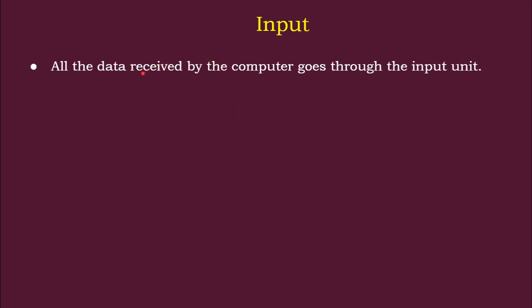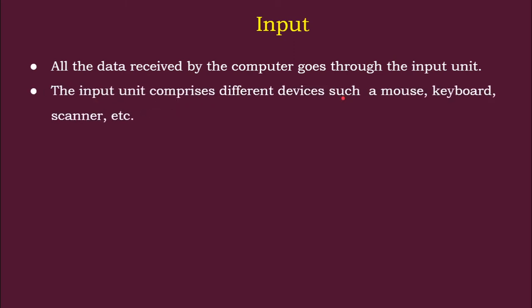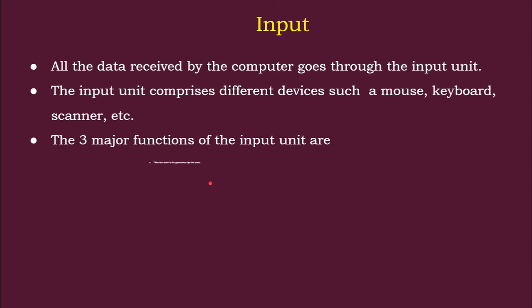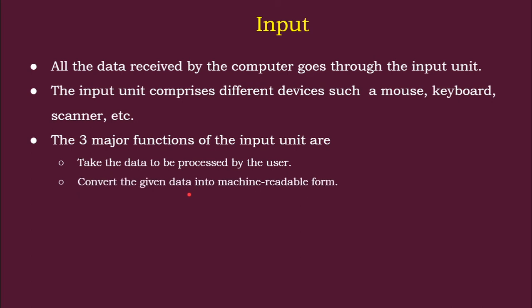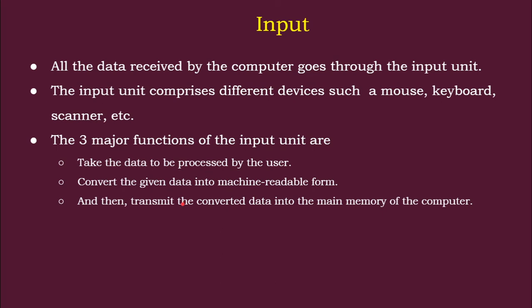In the input devices, all the data received by the computer goes through the input unit. An input unit comprises various devices such as the mouse, a keyboard, the scanner, etc. The three major functions of the input unit are: take the data to be processed by the user, convert the given data into machine readable form, and then finally transmit the converted data into the main memory of the computer.